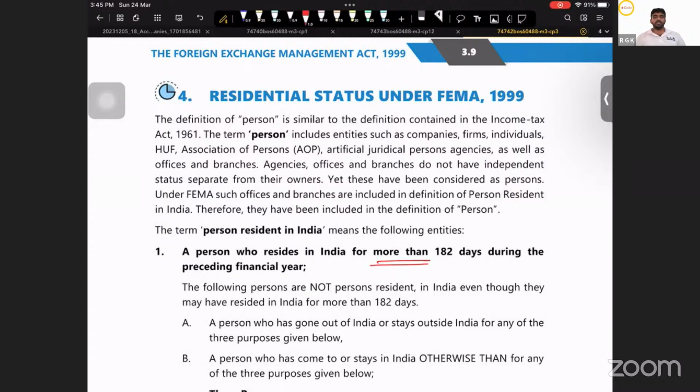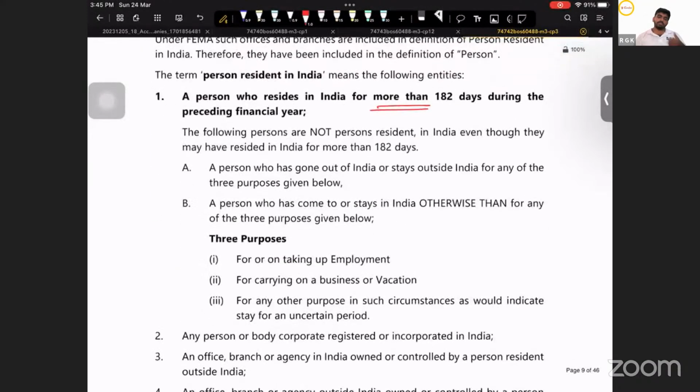Now, when a person who was resident in India for 182 days in the preceding financial year goes out of India in the current financial year for three purposes. What are the three purposes? Either for taking up employment, or for carrying on business or vocation, or for any other purpose, in such circumstances as would indicate a stay for an uncertain period.